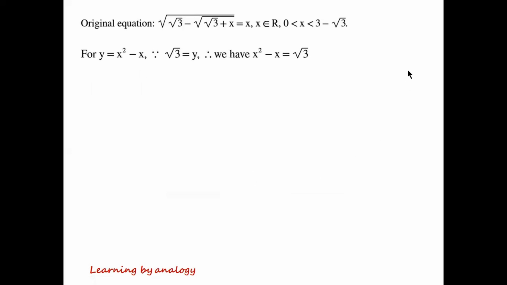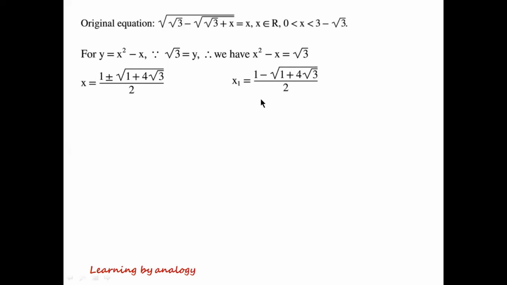For y equals x² − x, because √3 equals y, we have x² − x equals √3. So x equals [1 ± √(1 + 4√3)] over 2.